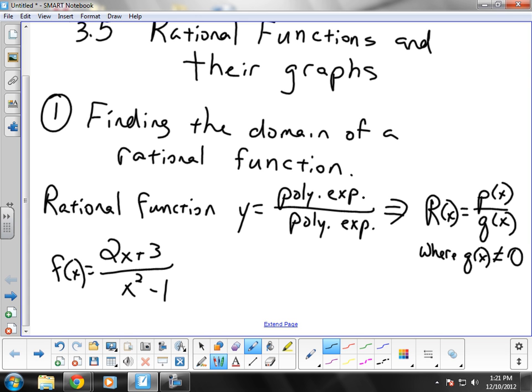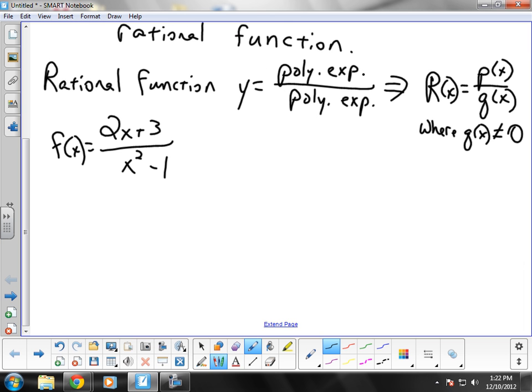because just like any other fraction, I can't have a 0 in the denominator. So when we talk about the domain, what we are talking about is what numbers can we use for x? In other words, what numbers can I plug in here for x? Everything except anything that would give me a 0 in the denominator, right? So remember the way we find our domain is we set the denominator equal to 0.